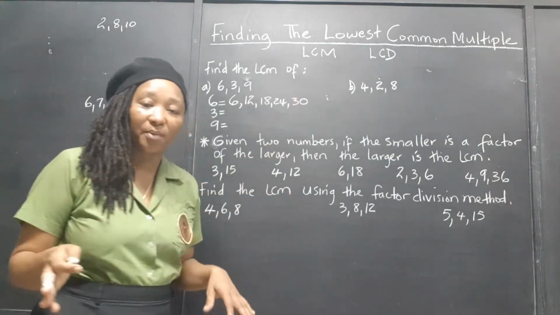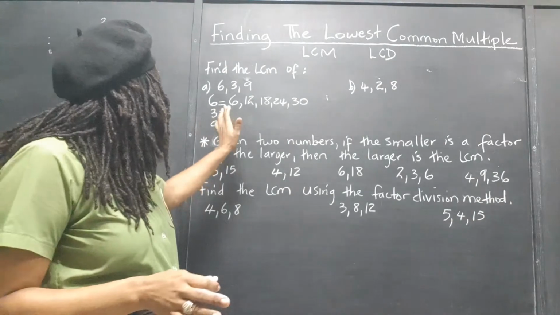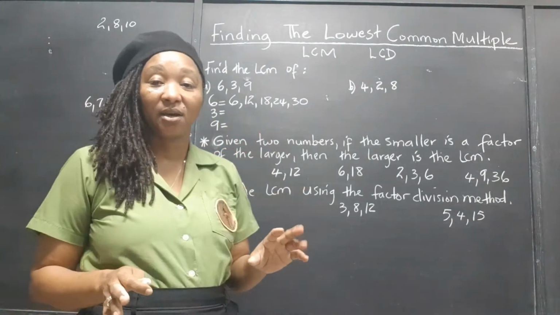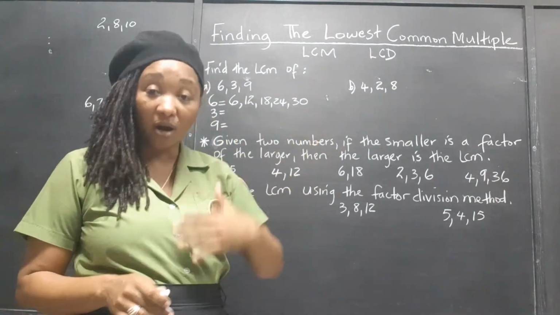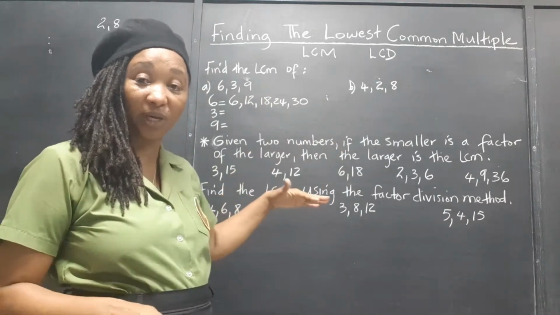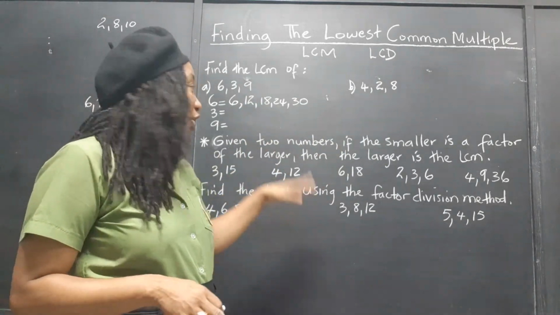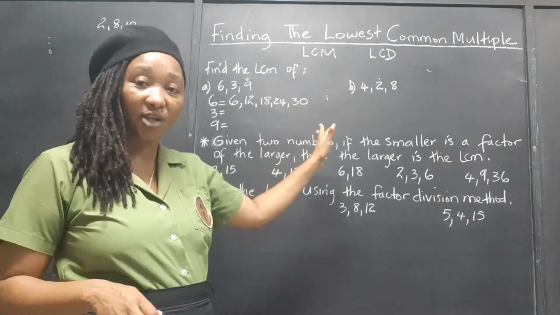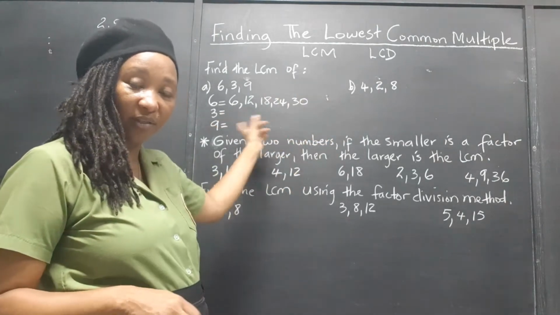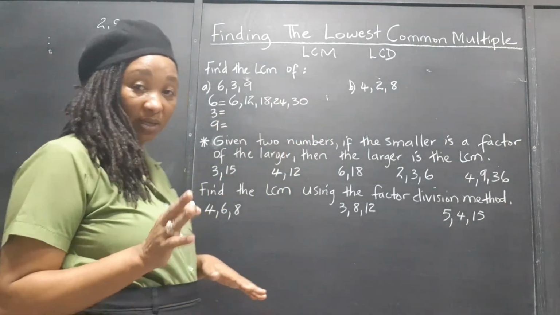We can't stop there, because what we're going to do is to list them until we find the first one that all of them have, the first one that's common. So you don't need to list all the way. You can stop a little and list the others and see if you find one as yet, right?